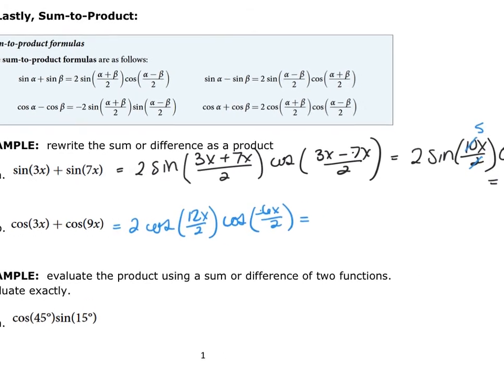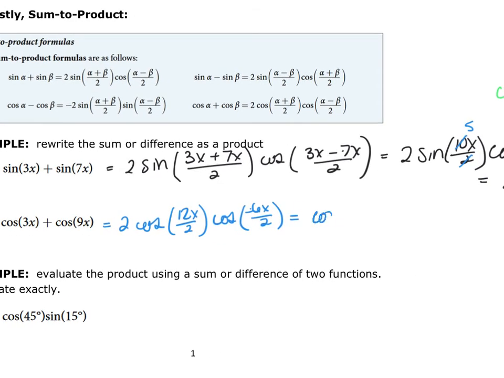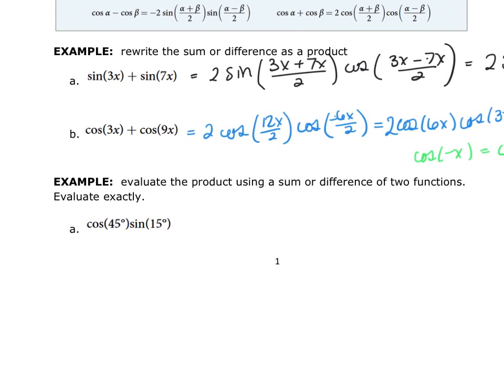So then this just becomes, don't drop that 2, 2 the cosine of 6x, and then the cosine of 3x, because again, the cosine of -x is equal to just the cosine of x, simply because it is an even function.